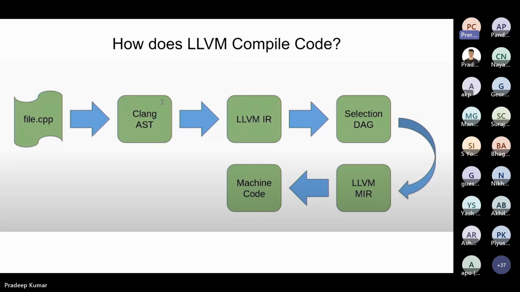Similarly, whenever we have multiple IR representations of your input program, we enable better optimizations for it. So it's logical that we have so many representations. And the closer we go to the hardware, the more your IR becomes similar to assembly language.